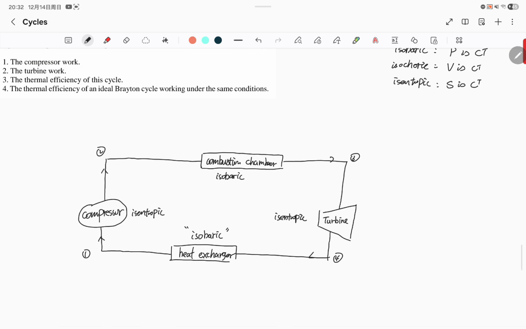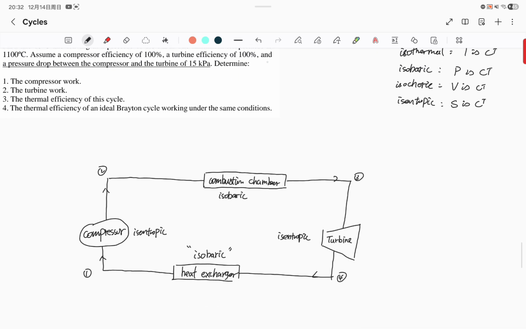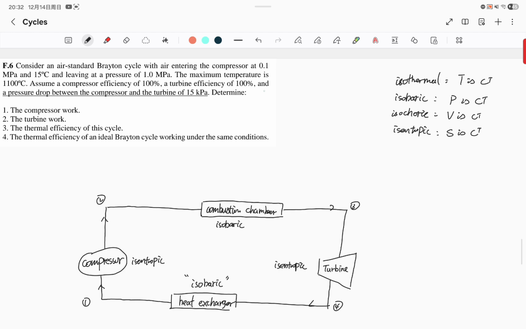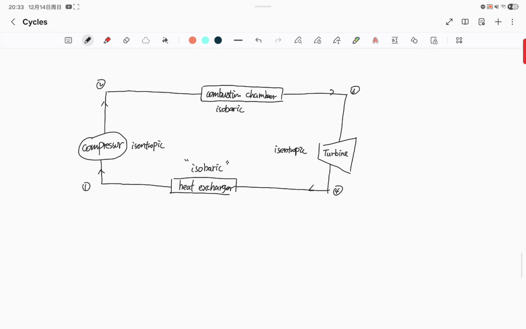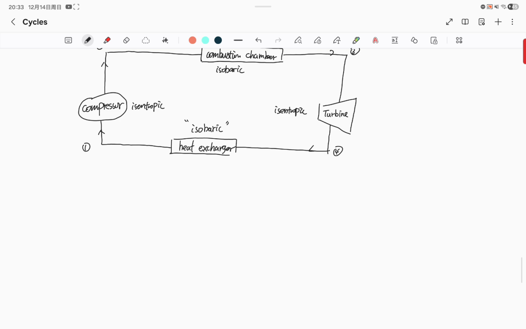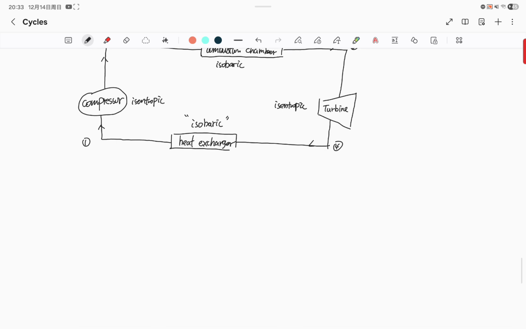Okay, so let's put some numbers here. It says air entering the compressor at 0.1 megapascal. Where is that? Air entering the compressor, that's state 1. 0.1 megapascal, just write it down as kilopascal.